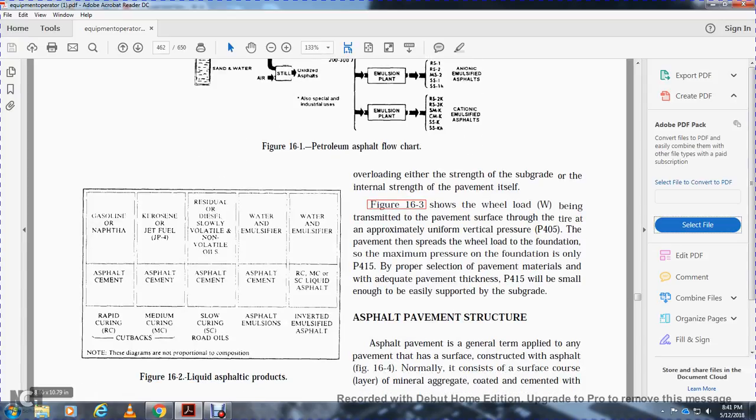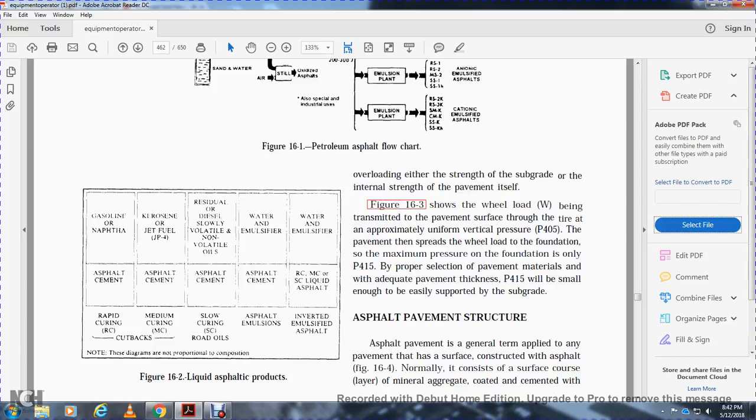Figure 16.2 shows liquid asphalt products: gasoline, naphtha, asphalt, rapid curing, kerosene, jet fuel, asphalt, medium curing, residual diesel fuel, slowly volatile, non-volatile, asphalt cement, slow curing, curing road oils, water emulsion, asphalt emulsion, rapid curing, medium curing, and slow curing liquid asphalts and inverted asphalt.